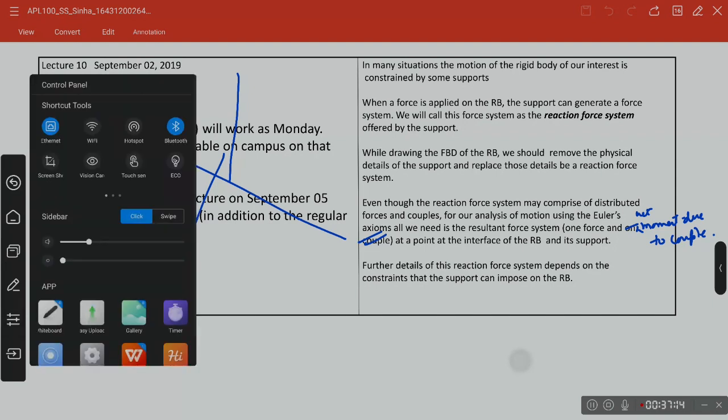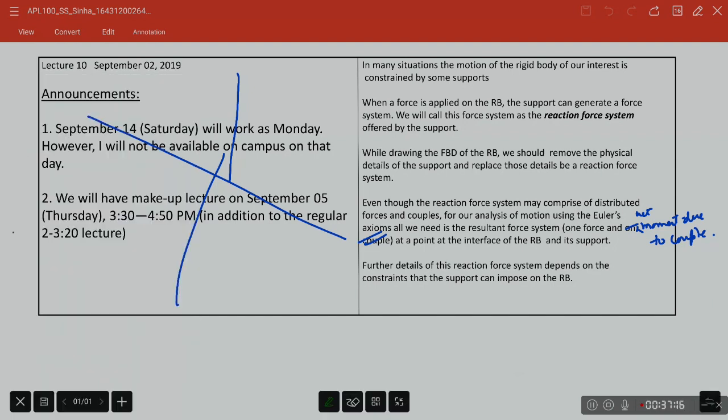Next thing I want to talk about is various kinds of supports that we put on rigid bodies. And these supports constrain the motion of these RBs.